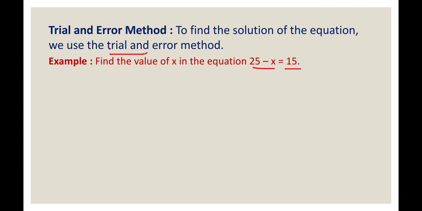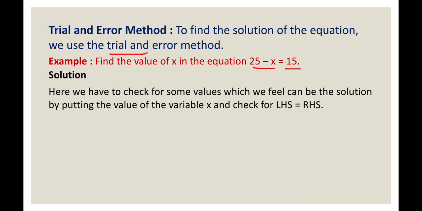Clear? So for the solution, we have to check by putting in values of the variable. Just select any value for the variable x and check whether LHS equals RHS or not. If LHS equals RHS, then it is the solution.